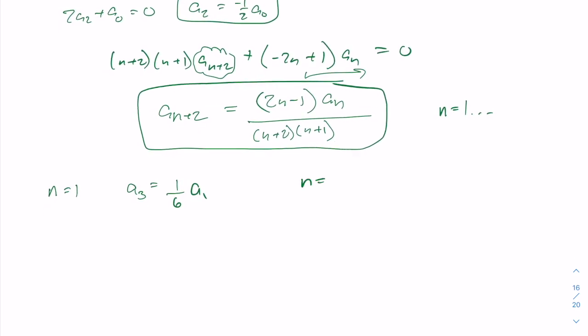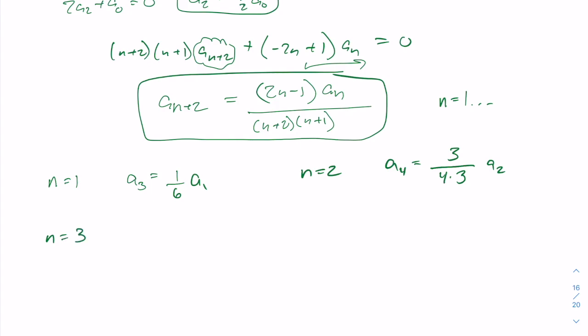Now let's do n equals 2. That's going to be a_4 equals what, I'm sorry, and that's going to be a_2. And n is 2, 4 minus 1 is 3. On the bottom, I get 4 times 3.